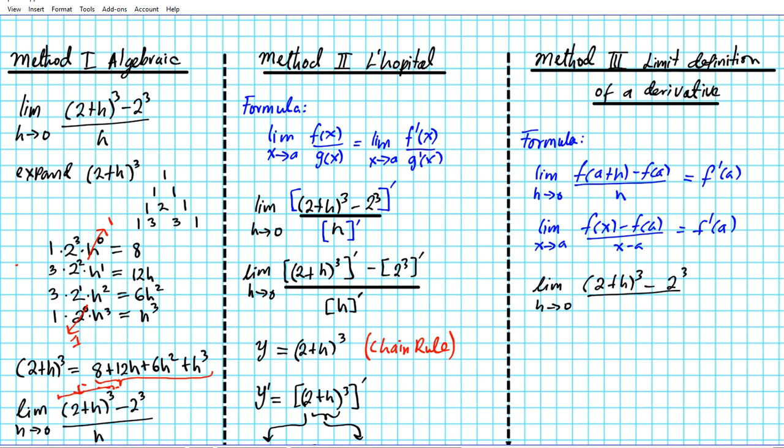Alright, this entire thing divided by h. Now the question is, is this problem that we're dealing with right here consistent with any of these two forms? The answer is absolutely. It is like the first form right here.